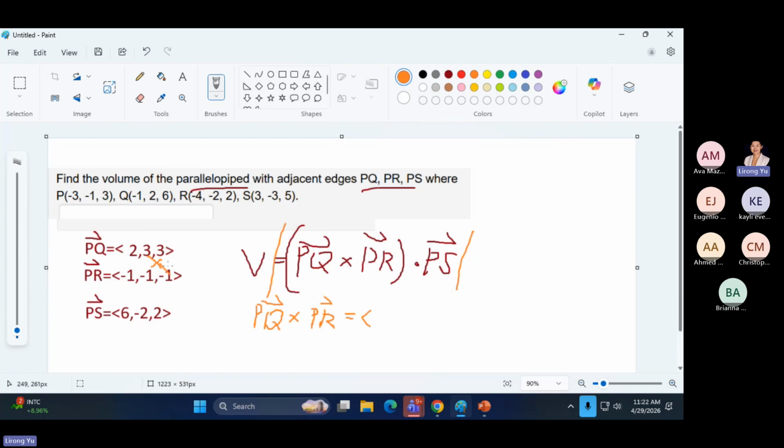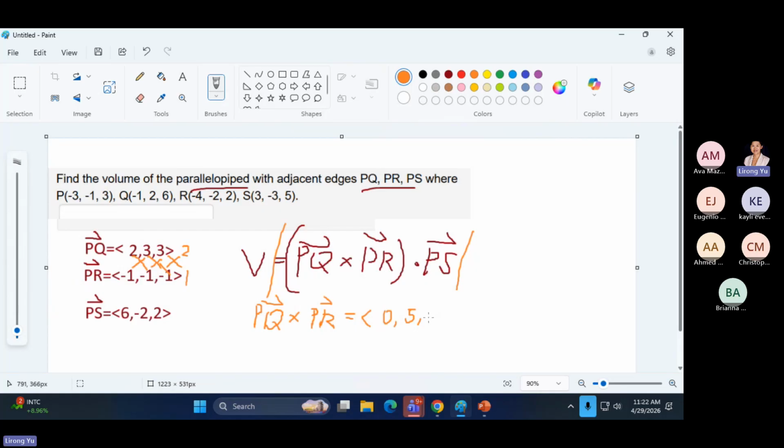That's -3 minus -3, which is 0. For the second component, we add one more row, we have 2 and 1. Cross multiply and subtract: 3 minus 2, which gives 5. The last component uses the first two columns, so 2 times 1 minus -5. -2 minus -5 is negative.